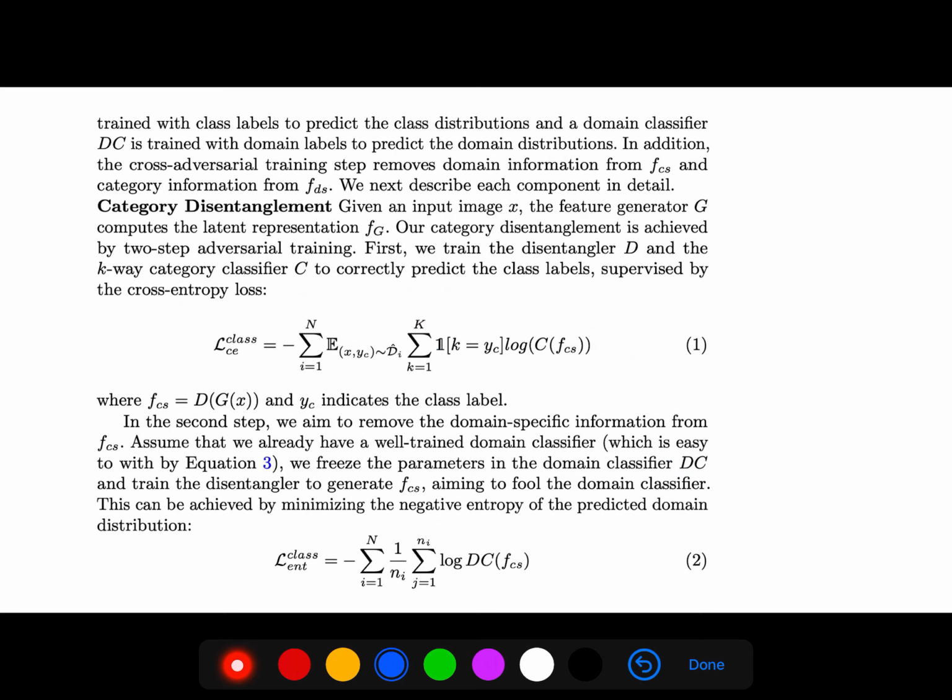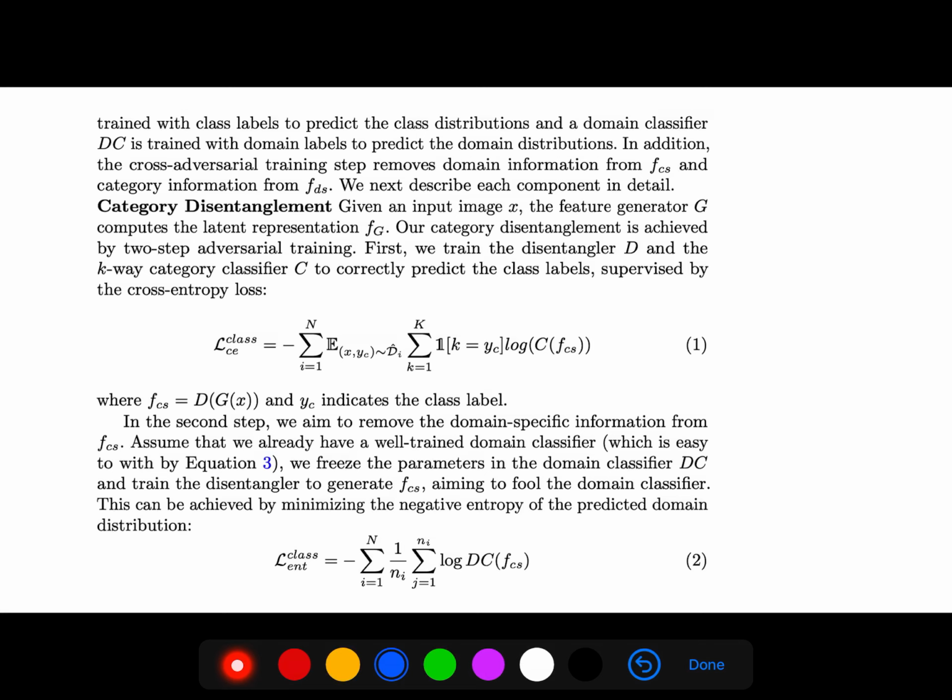Given an input image, the feature generator computes the latent representation f sub g, and our category disentanglement is achieved by two-step adversarial training. First, we train the disentangler D and the category classifier C to correctly predict the class labels, supervised by the cross-entropy loss.